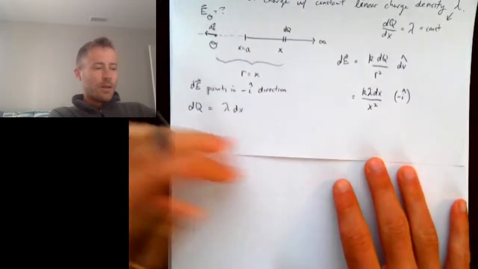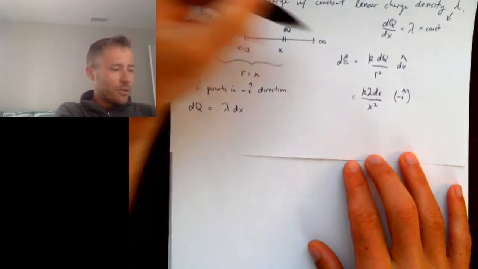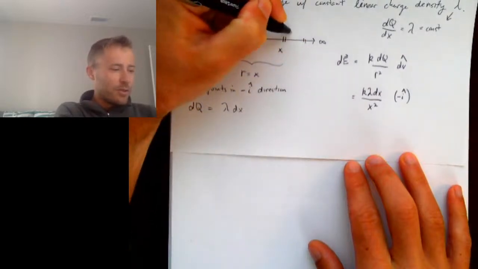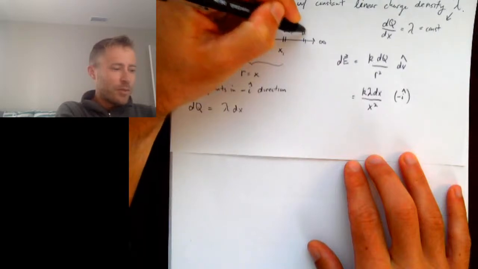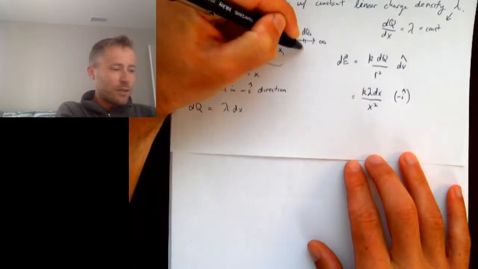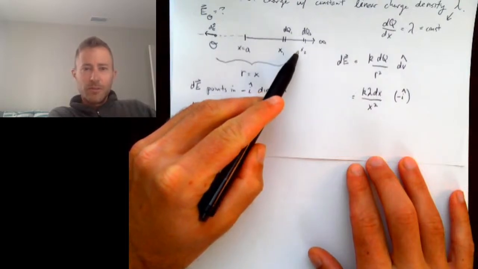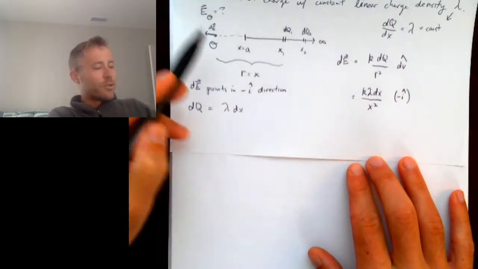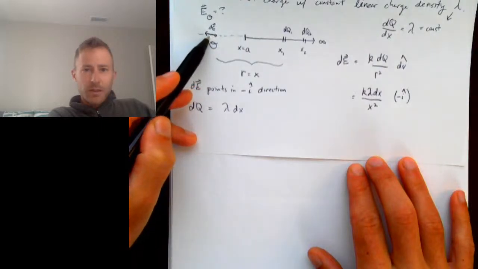If we look at a different piece of charge, this might be dq1 at position x1, and this might be dq2 at position x2. Another infinitesimal piece of charge is still going to create a little electric field that points to the left.